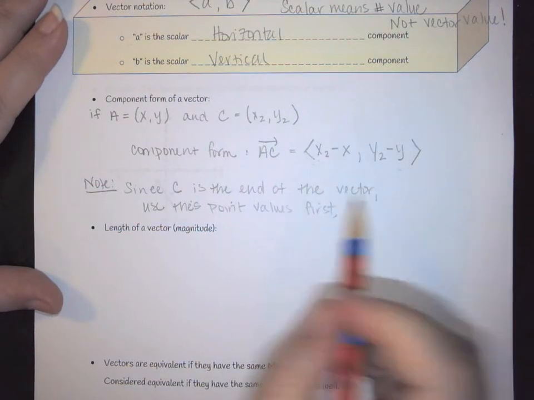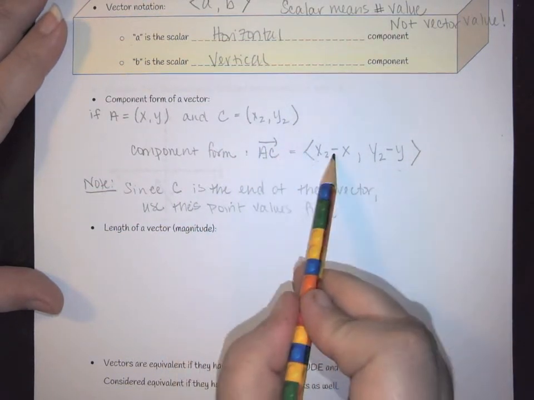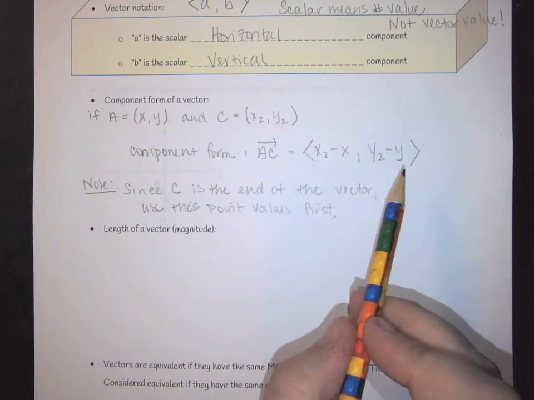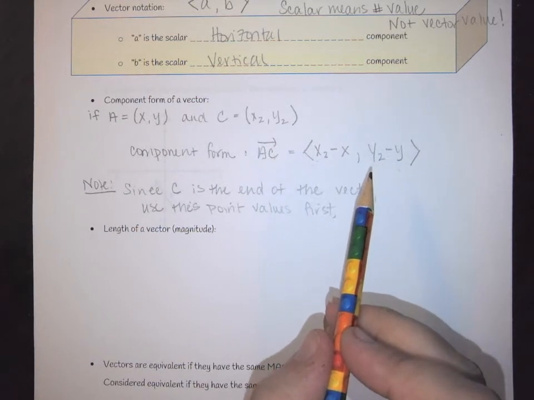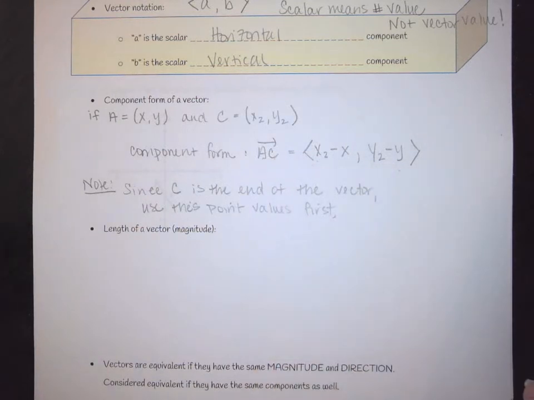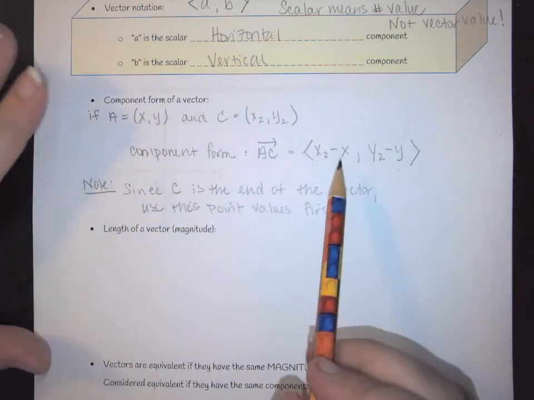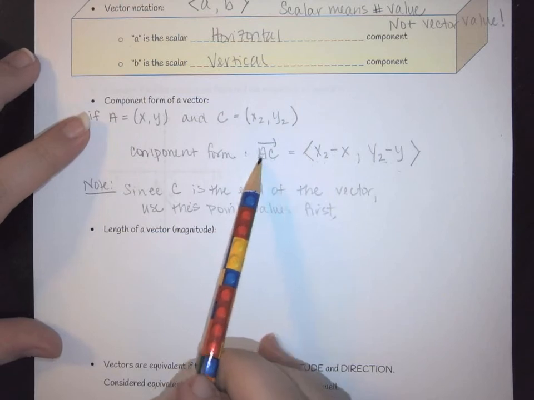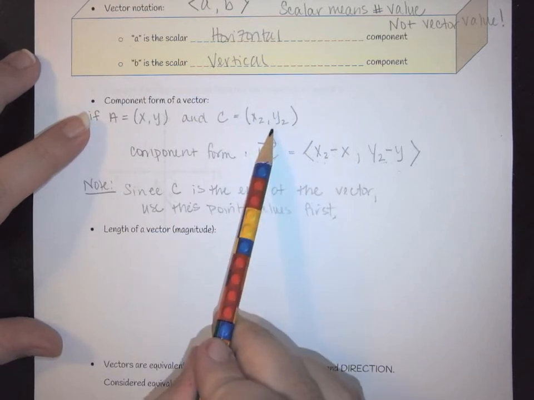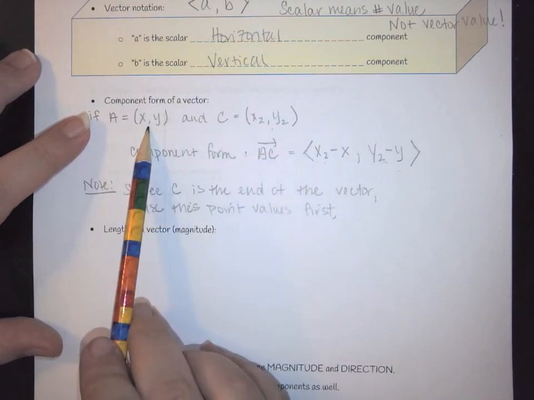If you look carefully, I'm talking about the vector AC, but when we find it, it's like when we did distance formula or slope: you use the second point first and the first point second. I'm starting at A, going to C, so the C values go first and the A values go last.